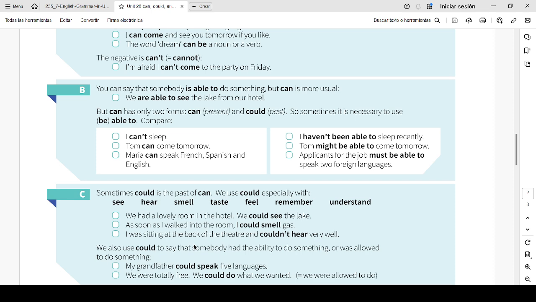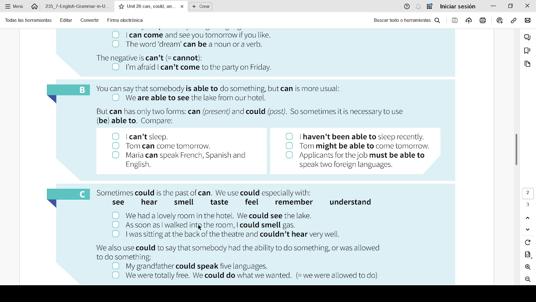I was sitting at the back of the theater and couldn't hear very well. Check it out. All these sentences express ability, but in the past.